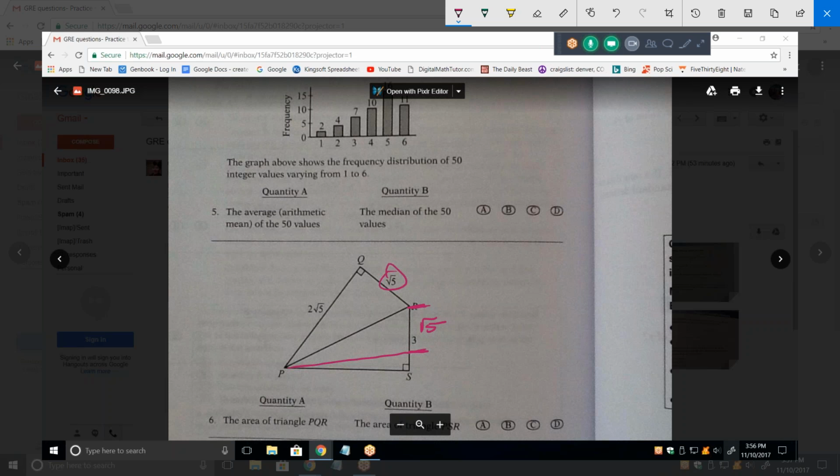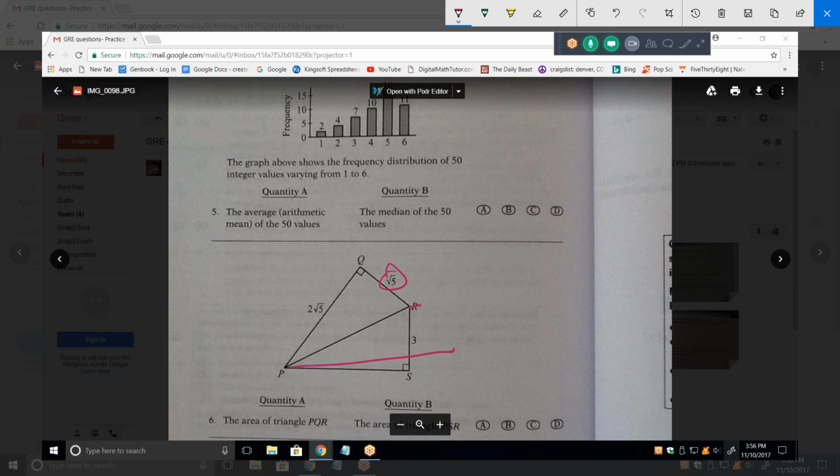So I would say that makes the area of that triangle bigger, the quantity B. In other words, I can kind of think that if I reflect that, maybe I would get something that looks like this.